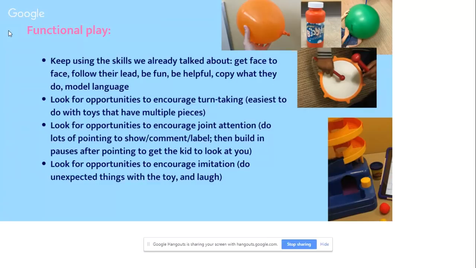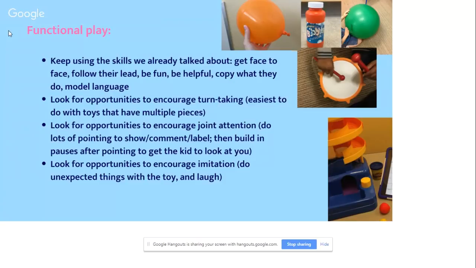And since these kids are playing with toys the way they were intended, you're not as much working on how to help them develop their play skills. I mean, that is an important thing for us to do, but you want to really think about things like turn taking and joint attention at this type of play.